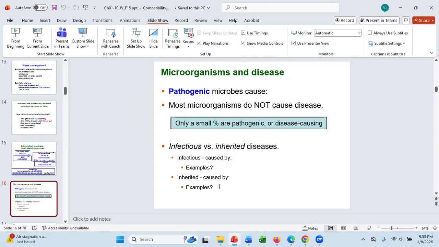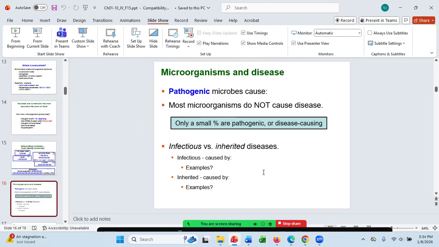Unless you're talking about oral herpes or cold sores, in which case you get it mostly from your parents, presumably from when they're kissing you, but maybe when you're nursing as well. But it's an infectious disease as well, caused by a microorganism, in this case, a virus, herpes.